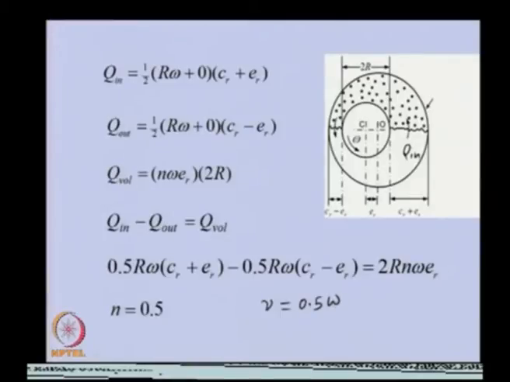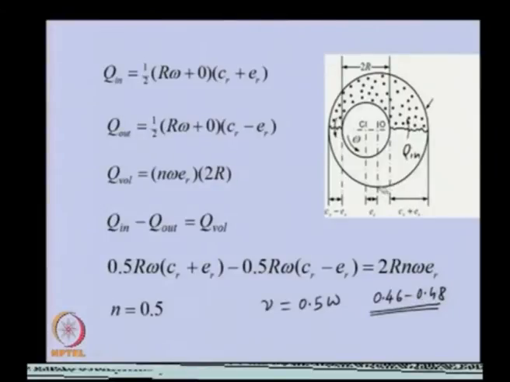In practice, people have found that this particular factor n varies from 0.46 to 0.48, and the difference is because in theoretical calculation we assume the motion of the fluid only due to the motion of the shaft, but there will be a pressure gradient that we have not considered, and because of that this difference between the theoretical and the experimental is there.